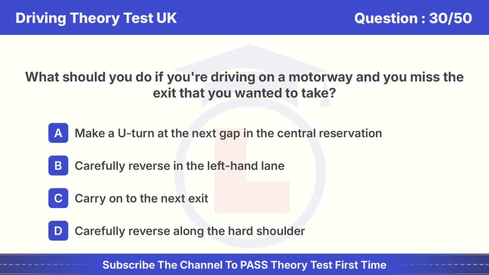Question 30. What should you do if you're driving on a motorway and you miss the exit that you wanted to take? Answer is C. Carry on to the next exit.